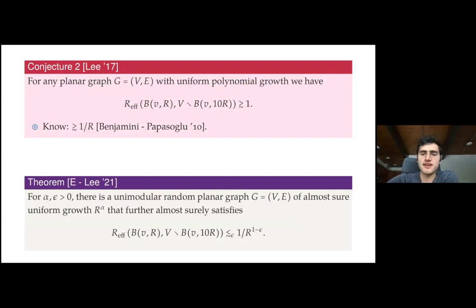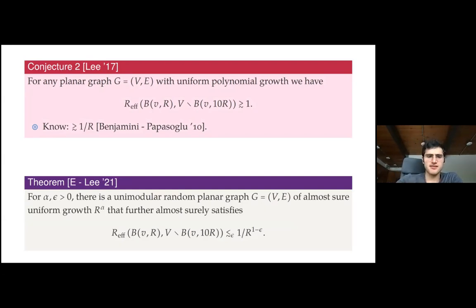In fact, for any alpha greater than 2, we can construct a unimodular random graph in which the effective resistance across annuli is 1 over r to the 1 minus epsilon. This basically says that the bound that you get from the Benjamini and Papasoglou separators is nearly tight. You can get as close as you want to 1 over r.